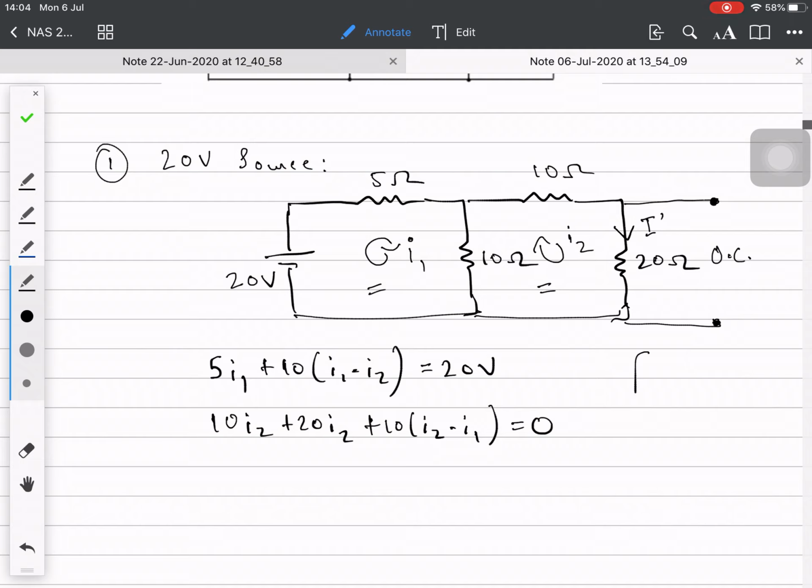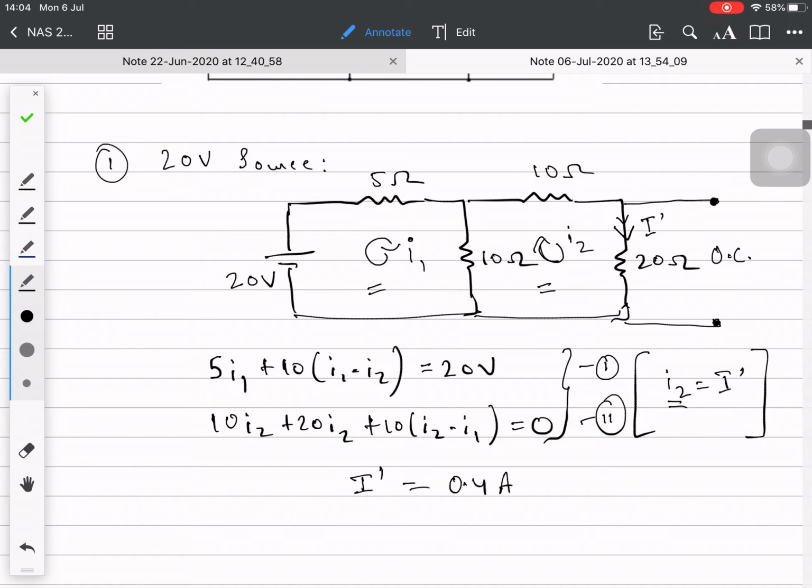Also we know that I2 will be equal to I dash. As you can see, I2 is this current flowing here and this is also I dash, right. Simply we find the value of I2 from these two equations. If you solve equations 1 and 2, you will get I dash equal to 0.4 ampere.